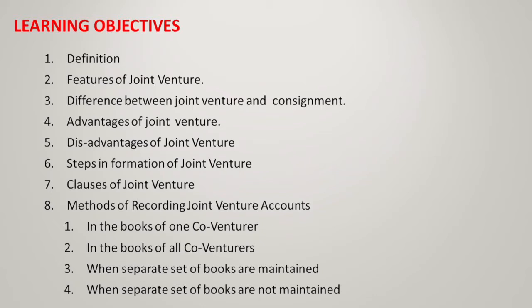Then, very important for the examination, is when a separate set of books is maintained. That is the important one, and that should be recorded. A separate method is there for that, and we will understand journal entries as well as problems. Okay, students.